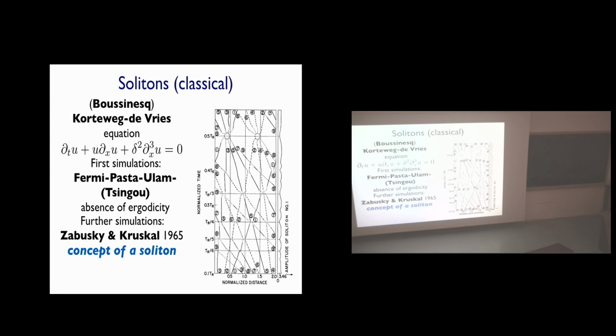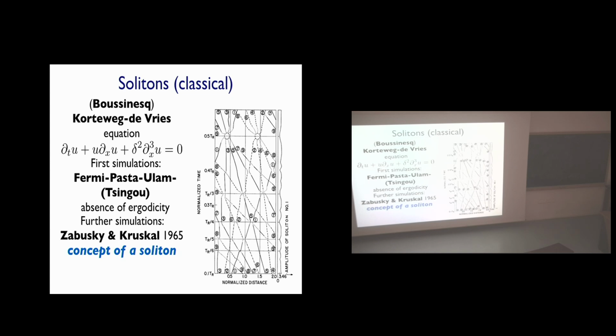And what was that? That was about a system of coupled classical oscillators with different types of nonlinearities in their couplings. And at some point, they overran the simulation. And their objective here was to test ergodicity. So they would put all the energy in one of the modes and then let the system, because of its nonlinearities, distribute the energy to all the other modes.